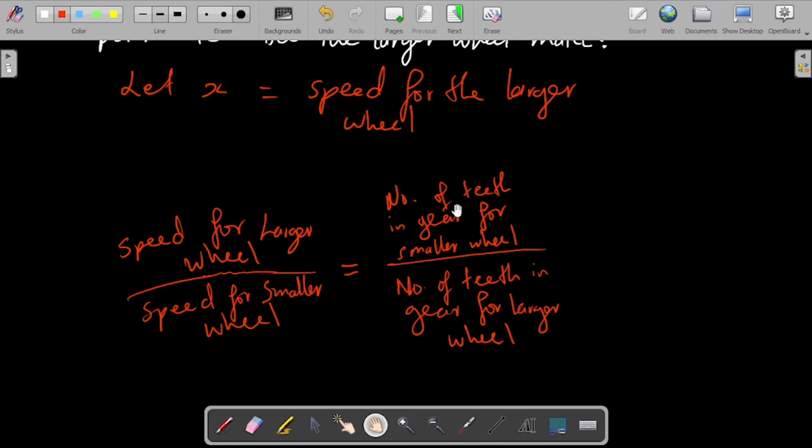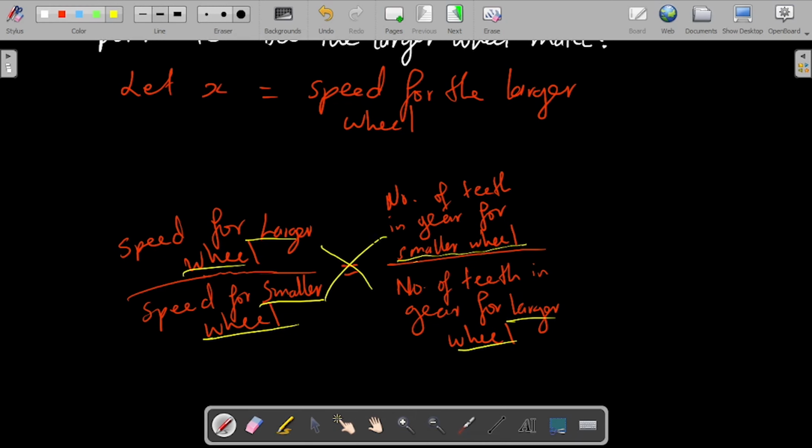Notice I have the number of teeth in the gear for the smaller wheel in the numerator because the speed for the smaller wheel is in the denominator on the left. It must be an inverse relationship. So if the smaller wheel is in the denominator on the left, it must be in the numerator on the right because it has to be the reciprocal. You have to flip it. And the speed for the larger wheel is in the numerator on the left, so it has to be in the denominator on the right.